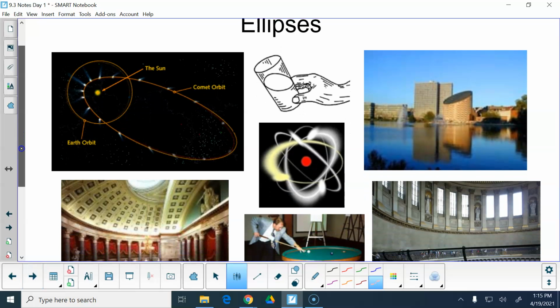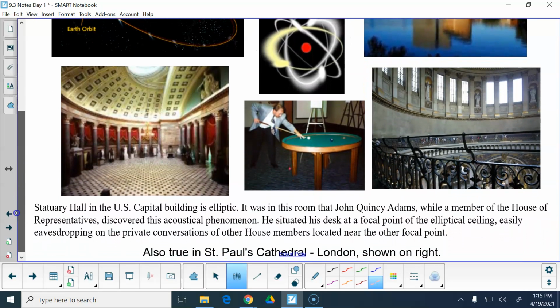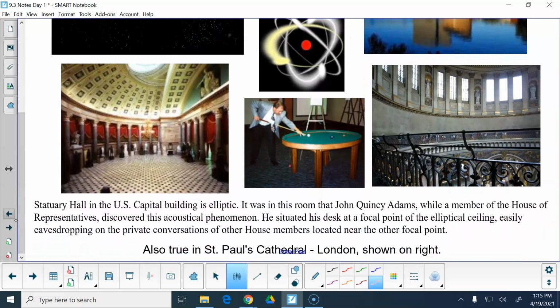Okay. These other 2 here are pretty cool. So first off, the one in the lower right-hand corner, that's St. Paul's Cathedral in London. Okay. The room is in the shape of an ellipse. The original U.S. Capitol building had an elliptical room, okay.